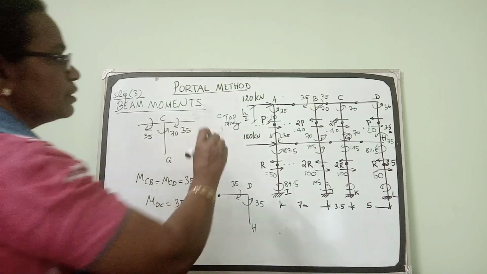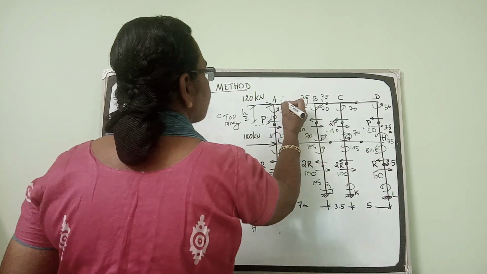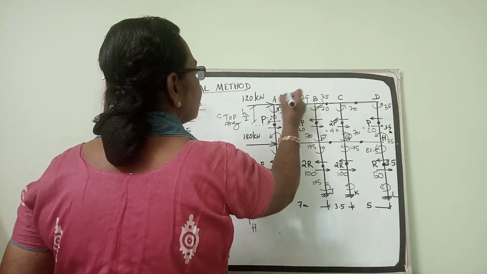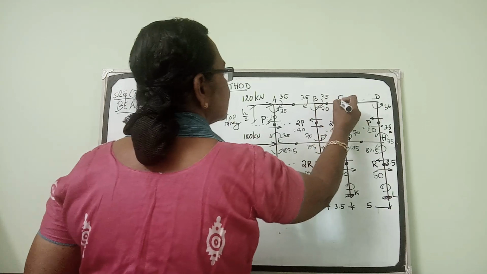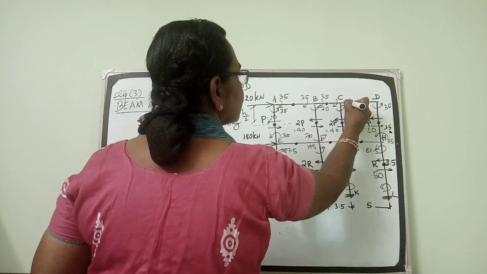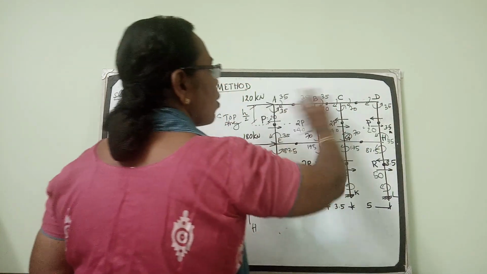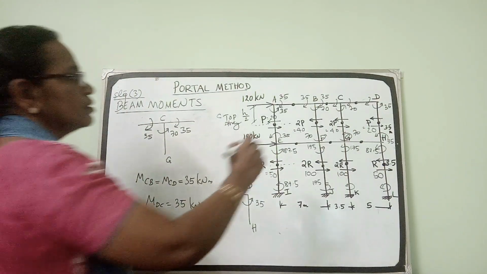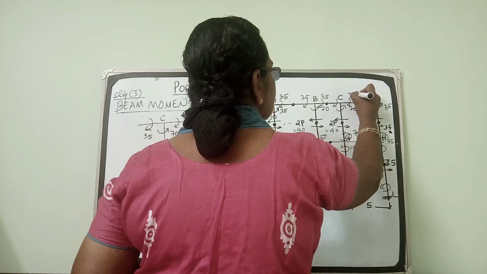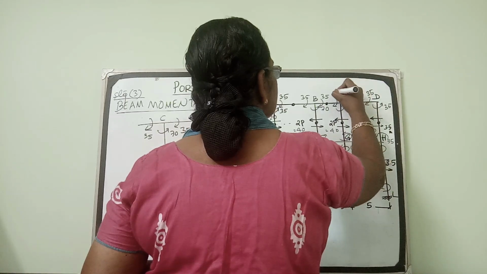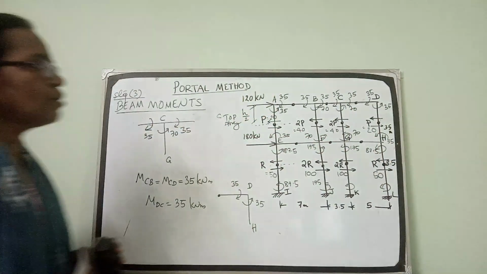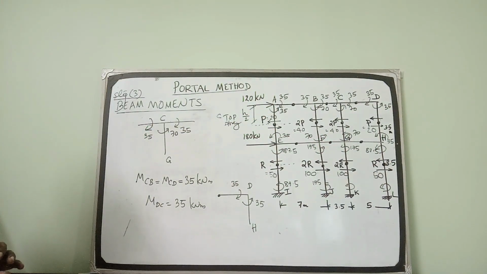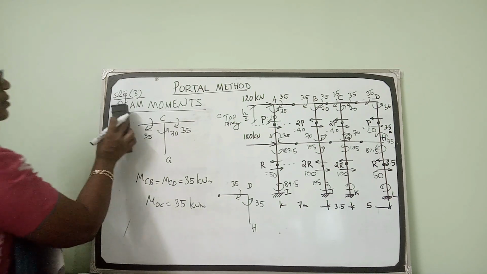Thus we have got the beam moment in all the beams in the top story. This is 35, this is 35, this is 35, this is 35, 35, 35. All the beam moments are the same value, 35 kilonewton meter, in the top story or the roof beams.